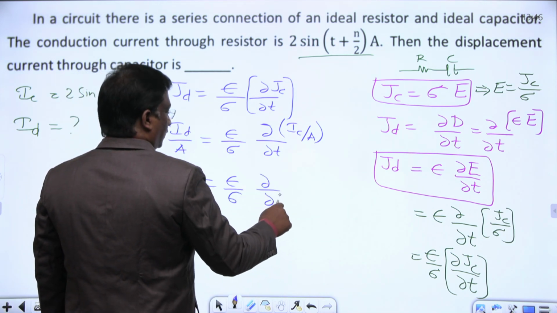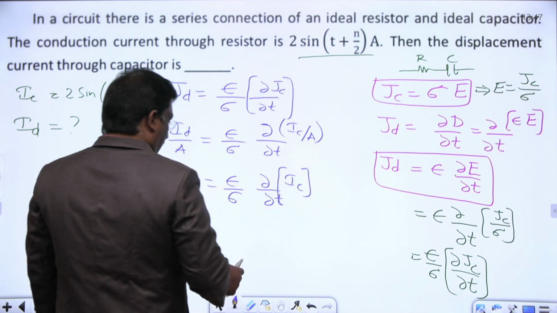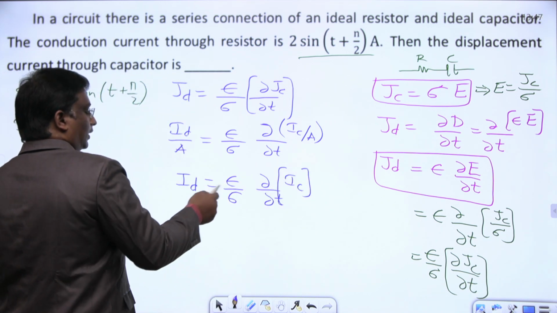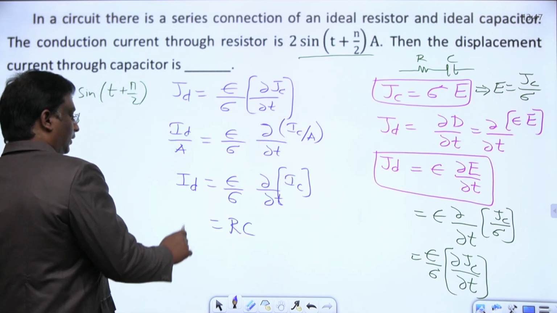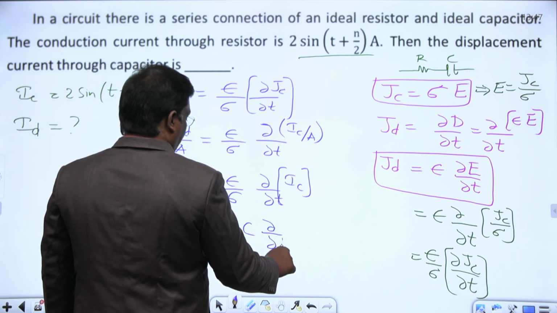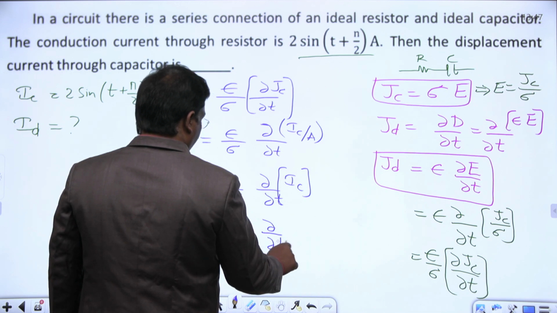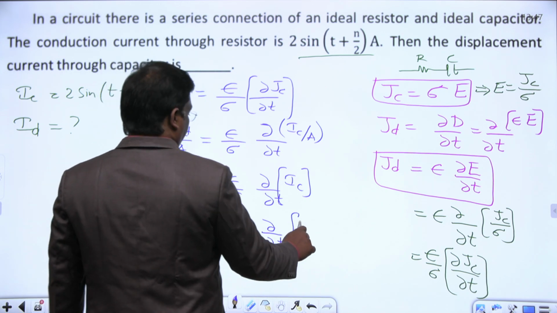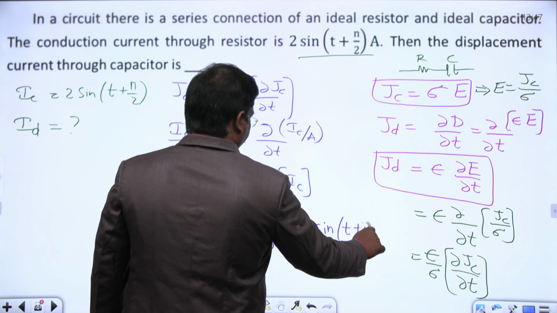For an RC network, this is the time constant R into C. So ID is RC times dou by dou t of IC. What is IC given in this question? IC is given as 2 sin of t plus pi by 2.